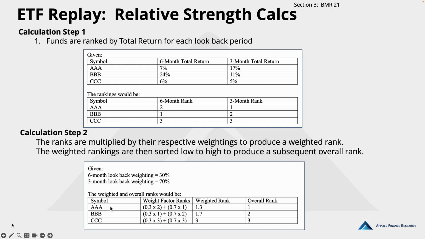So in the case of AAA, 0.3 would be multiplied, instead of by 2, by 7%, and 0.7 would be multiplied, instead of by 1, by 17%. So essentially, ETF Replay adds this relative strength ranking process here, whereas the first generation BMR systems just use the returns and multiply them by the weighting.